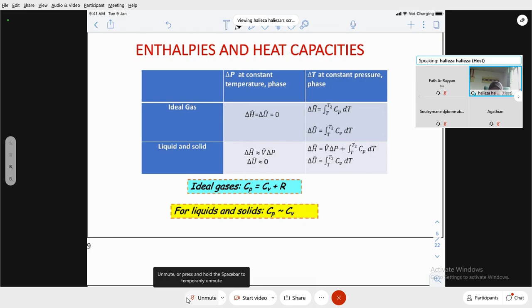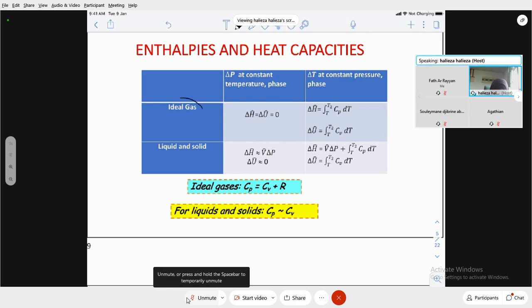Whenever you want to calculate the enthalpy, you draw yourself a hypothetical path. I will show you how to do that, but you need to know what changes are going to happen. From the changes that you have done step by step, you need to know how to get the enthalpy. Okay, let's look at this table.